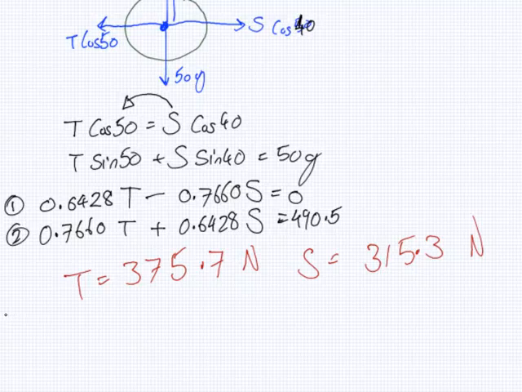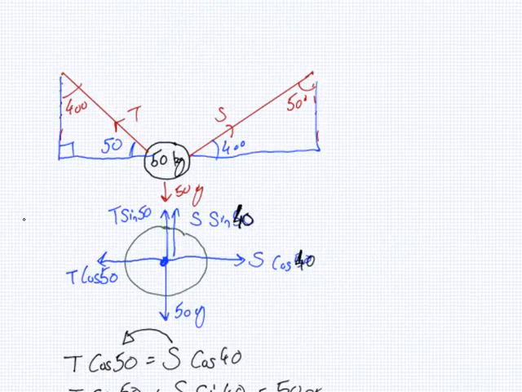Why does this person have to draw it in that way? Why do we draw it this way?